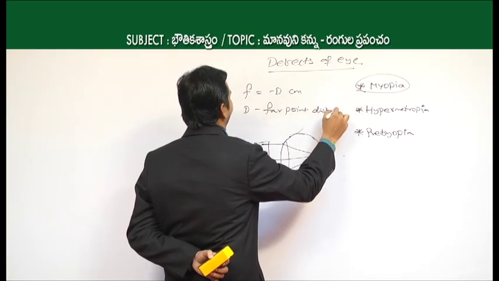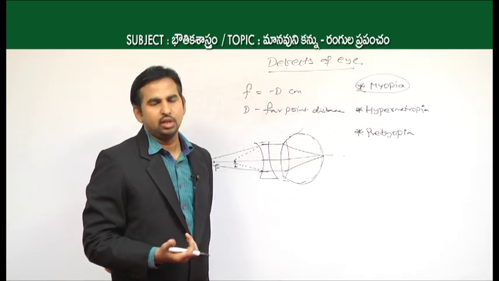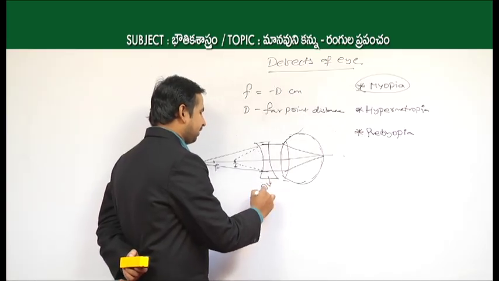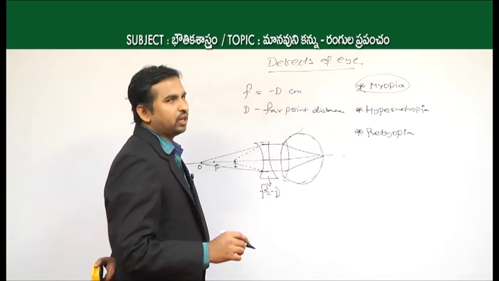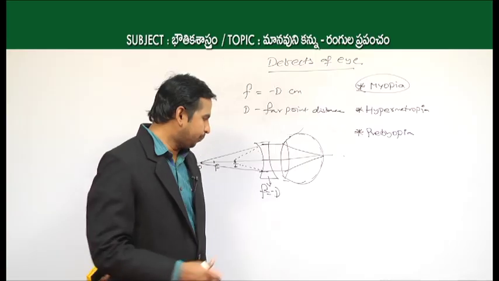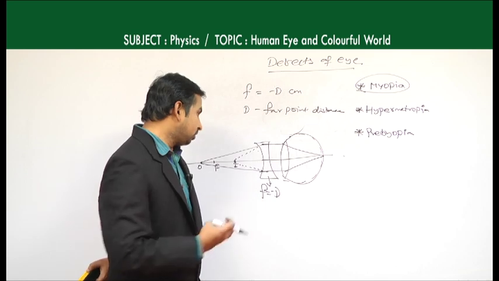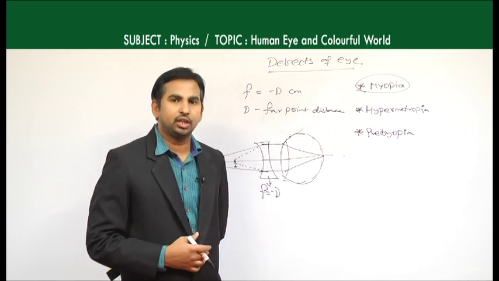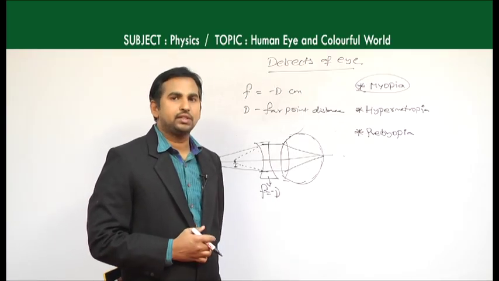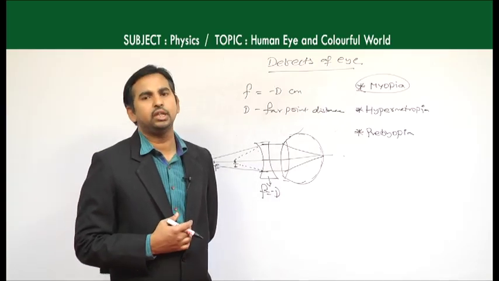For a concave lens, if you take the sign convention, its focal length is negative. That is why f is equal to minus d. So, the recommended focal length is f equal to minus d centimeters, where d is the far point distance.